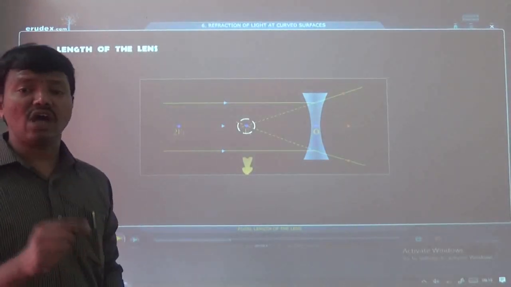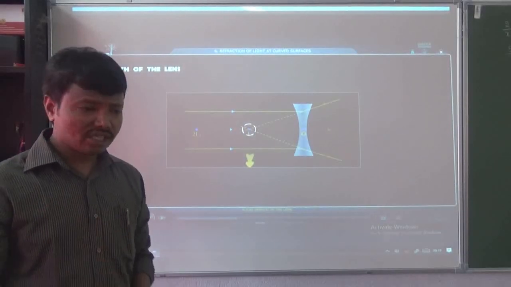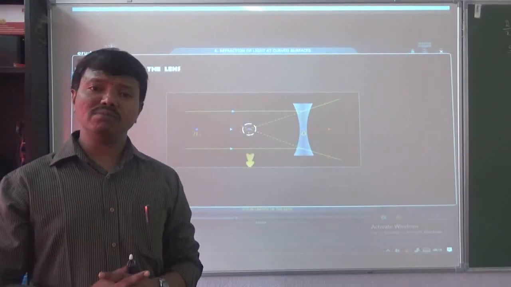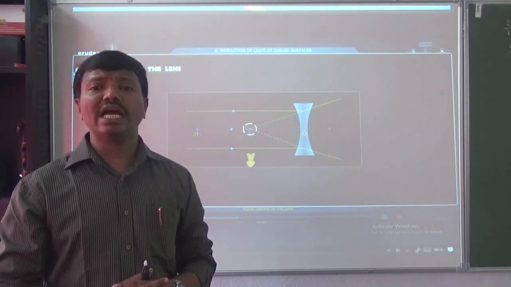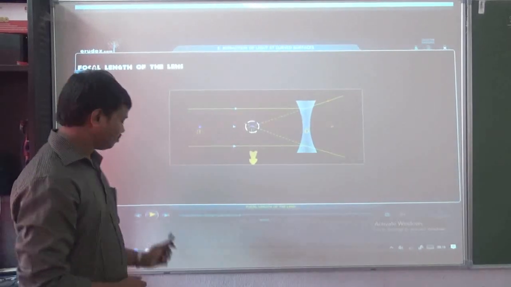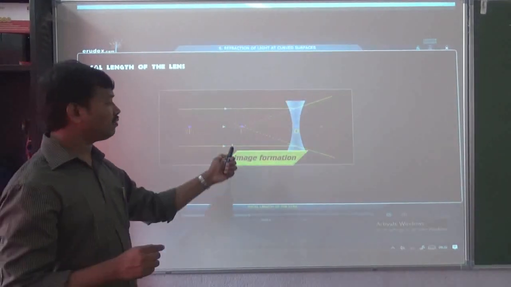That image is always virtual, erect, diminished. From the examination point of view, which lens always forms a virtual, erect, diminished image? That is the concave lens. The image is formed at the focus only.